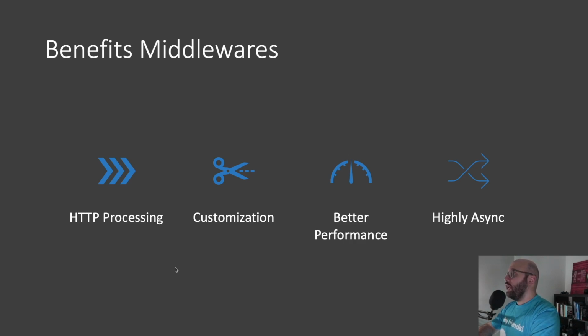It doesn't load everything inside that pipeline and try to execute everything at the same time, similar to what we had inside the normal .NET Framework inside System.Web. In a middleware we only add and only execute whatever we need, and inside a real ASP.NET application we're going to see how these are actually added to our application, how they are utilized and how we can benefit from their performance.